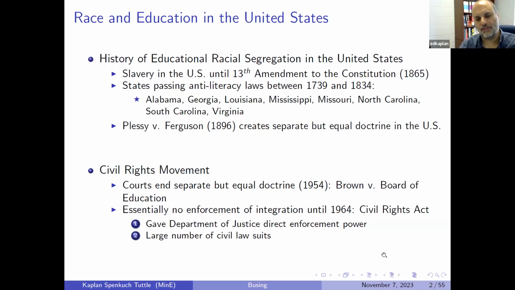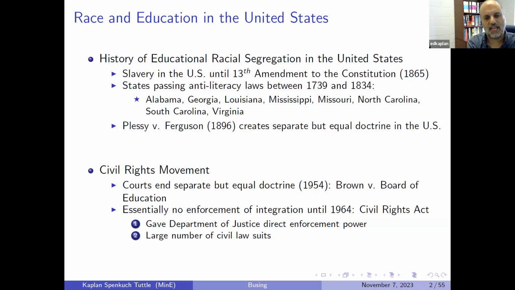In one of the fastest turnaround times for the reversal of a Supreme Court decision, Plessy v. Ferguson got reversed in 1954 by the very famous Brown v. Board of Education decision, which said that the separate but equal doctrine was incorrectly decided.